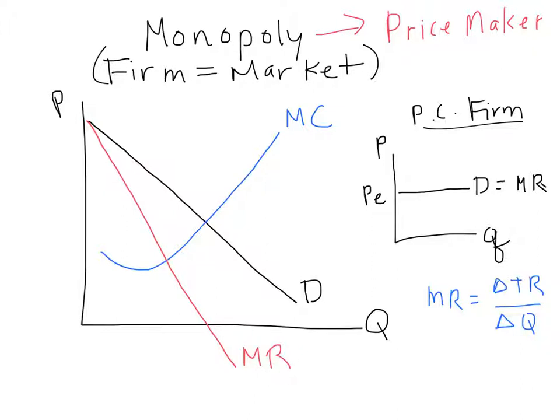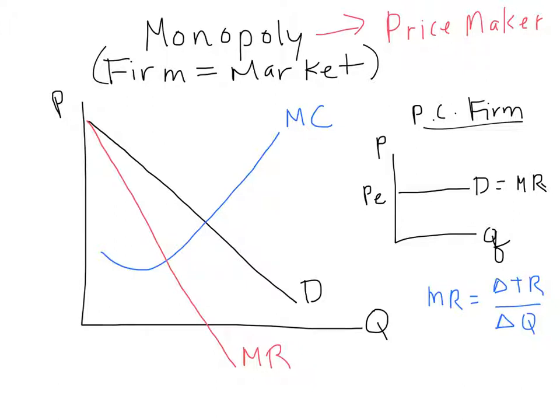Because every time they sell another unit, they do get additional revenue for it, but they also have to take a price reduction, which applies to all the units that they produce, not just the last marginal unit. So that is the reason why the marginal revenue curve is below the demand curve for the monopoly. Again, not the case over here in perfect competition.